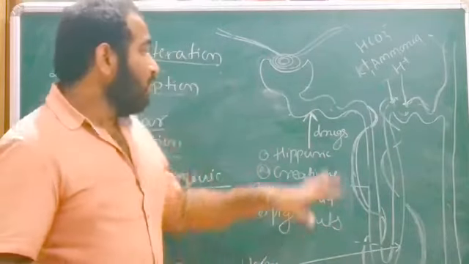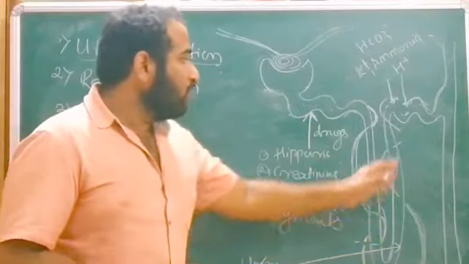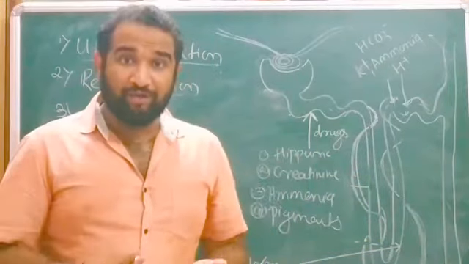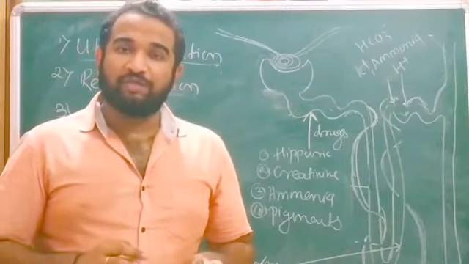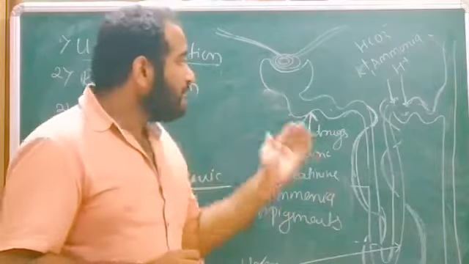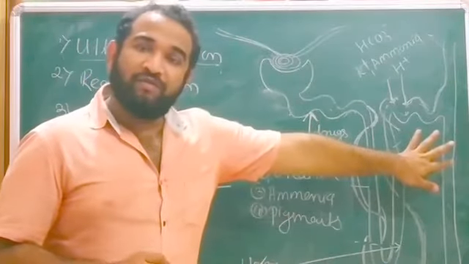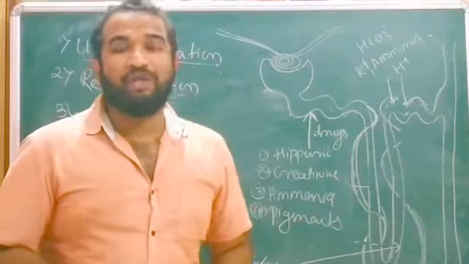But here, from the blood or from the interstitial fluid, the fluid present in the medullary region, all the unwanted substances which have to be excreted are poured into the tubules so that they go to the collecting duct. In the urine they get mixed, and from the urine they go to the urinary bladder.